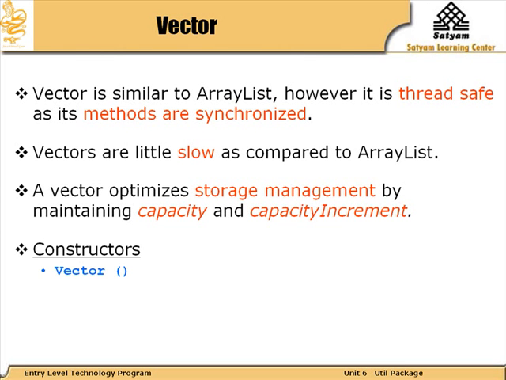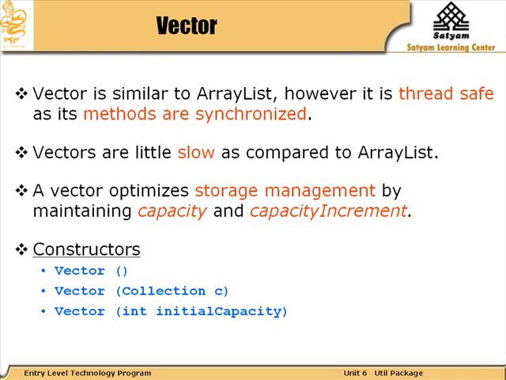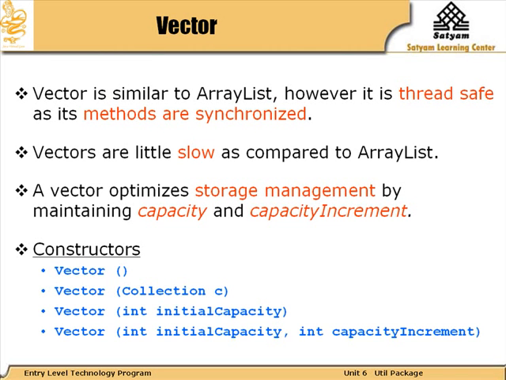Vector constructors. Vector comes with four constructors: one parameterless constructor where the initial capacity is initialized to 10, and a Vector with a collection object as a parameter. Here a given collection can be initialized or converted to a Vector.